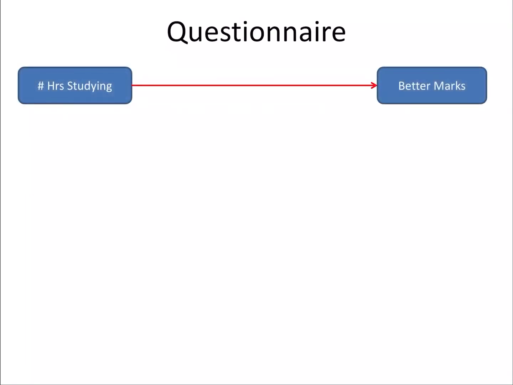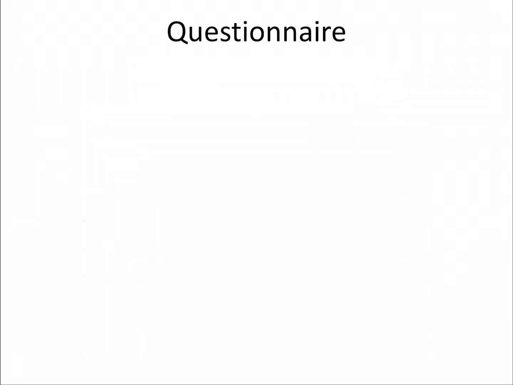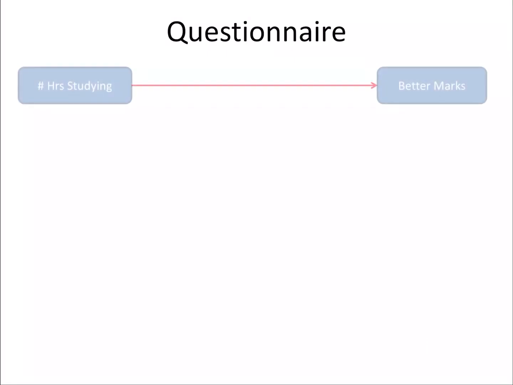So, if you were to set up a questionnaire to understand the relationship of the number of hours studying and its correlation to better marks, you might have a sheet handed out to a student who is willing to offer information regarding how many hours they studied over a 2-week period and what their final exam mark is.